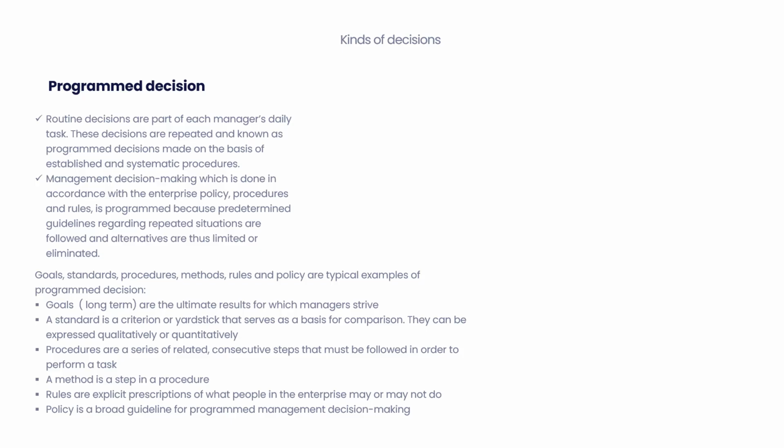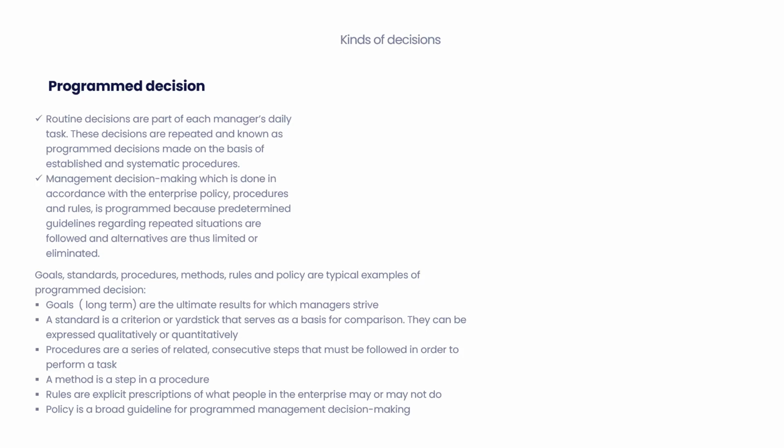Goals, remember we said goals are always about the long term, the ultimate result for which managers strive, because we are seeing in 3 years or 5 years. A standard is a criterion or yardstick that serves as a basis for comparison. They can be expressed qualitatively or quantitatively. So by knowing a standard, we can make decisions.